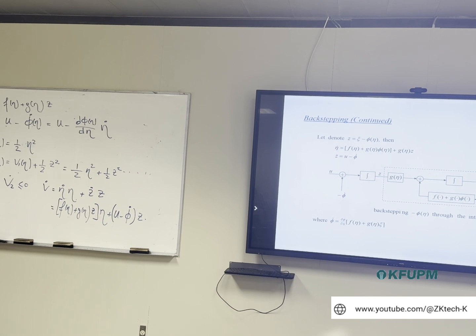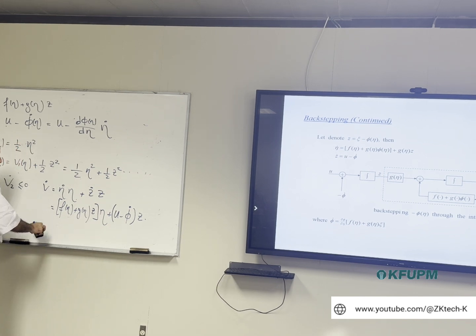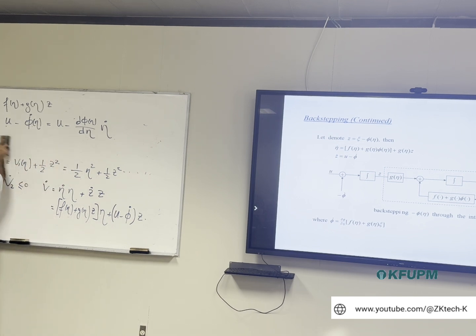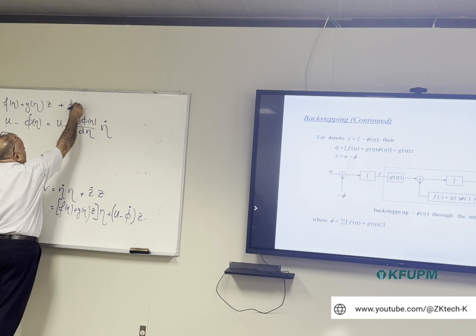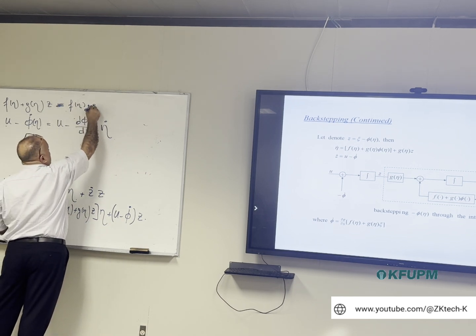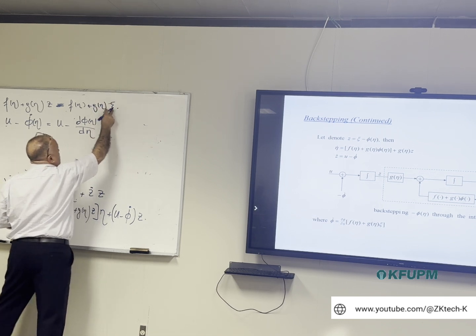Are you okay with this? Right. The derivative also of phi of eta, let me put it here. This equation is the same thing also as f of eta plus g of eta times zeta.